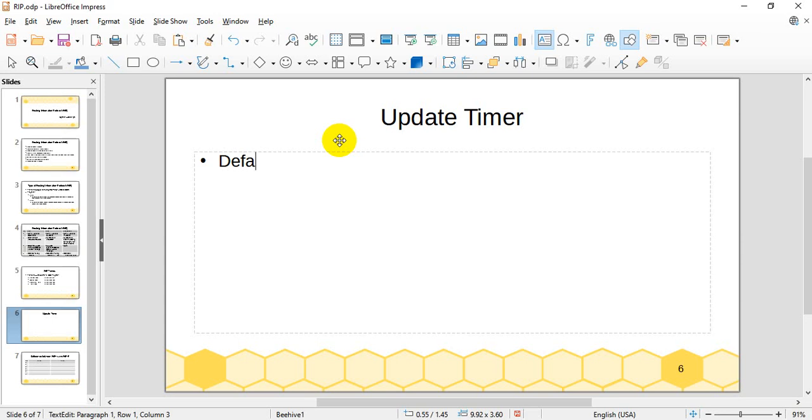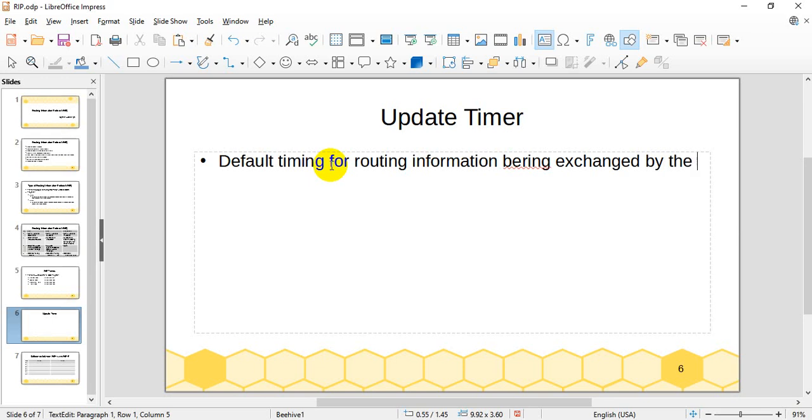Okay, and I will write the theory about it. Default timing for routing information sent by routers operating the RIP protocol, Routing Information Protocol, is 30 seconds.